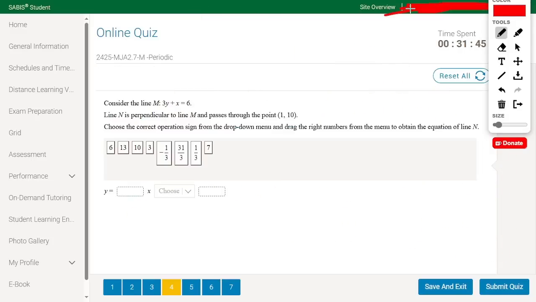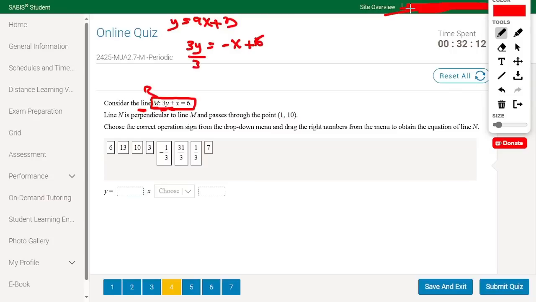Okay. Now consider the line M: 3y plus x equals 6. So let's make it in the form y equals ax plus b. So 3y equals minus x plus 6, right?